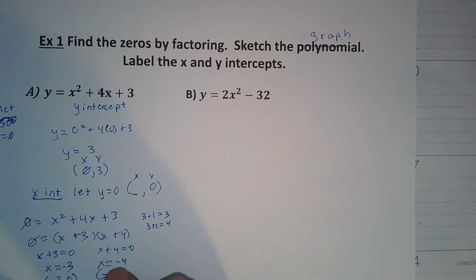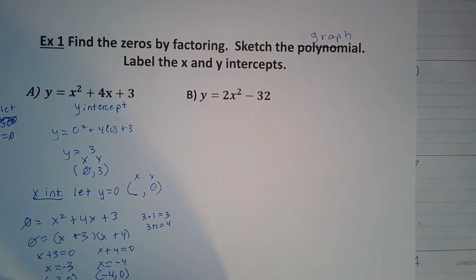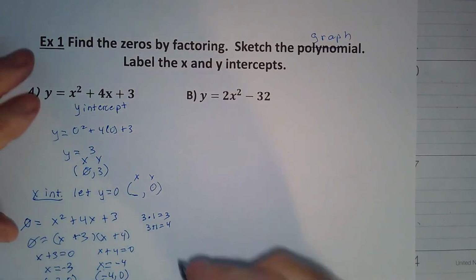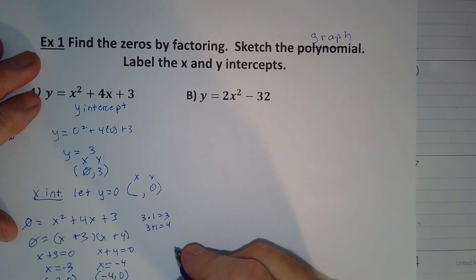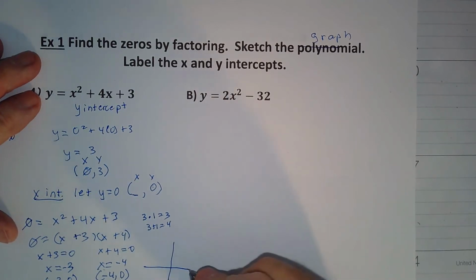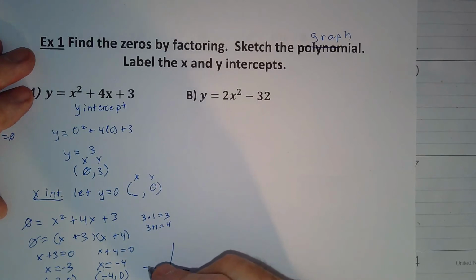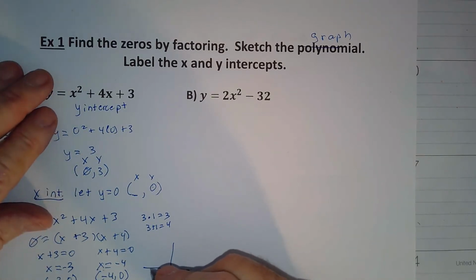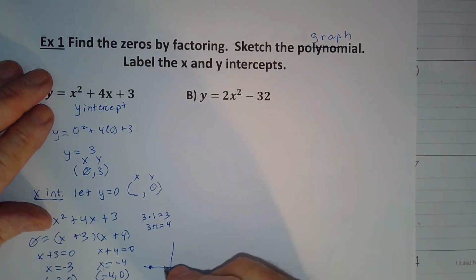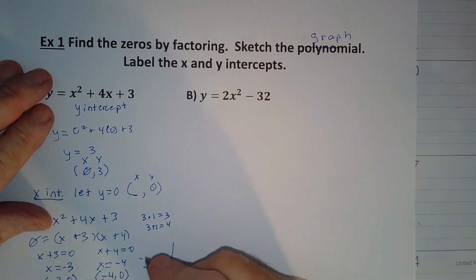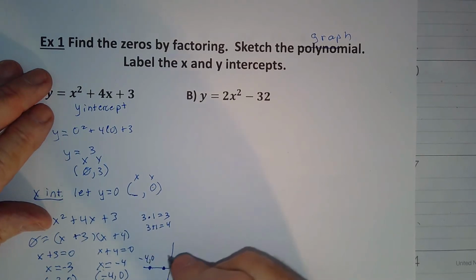So that means negative 1, 0. Okay, x, y. So when we graph that, let's do this over here. We've got negative 3 and negative 1, so that's somewhere over here. So negative 3, 0 and negative 1, 0.